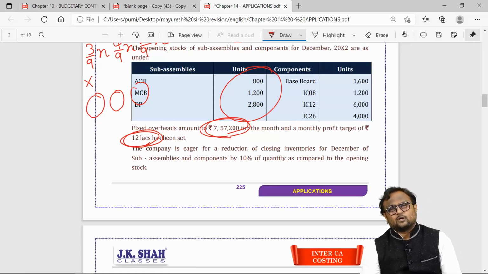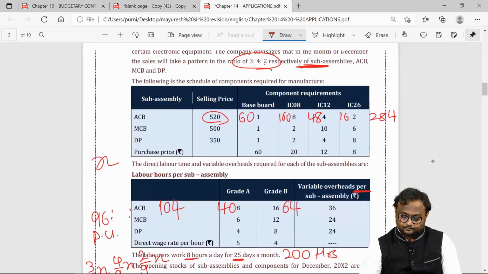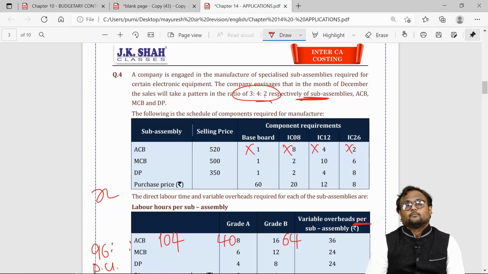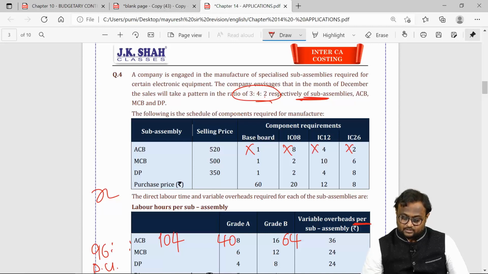And then you have to go for the consumption budget as usual. Whatever quantity of ACB you are supposed to produce, multiplied by all these individual consumption units. MCB, quantity manufactured multiplied by 1, 2, 10, 6.